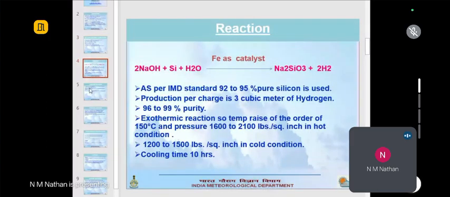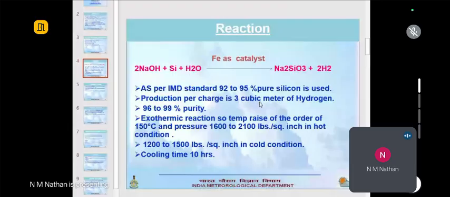This is the reaction: caustic soda, NaOH, that is sodium hydroxide, then we are using ferrosilicon. The iron will act as a catalyst, and along with the silicon, it will form sodium silicate. Then two hydrogen molecules will be released, and the purity of this gas is about 96 to 99 percent. Production per charge is 3 cubic meters.